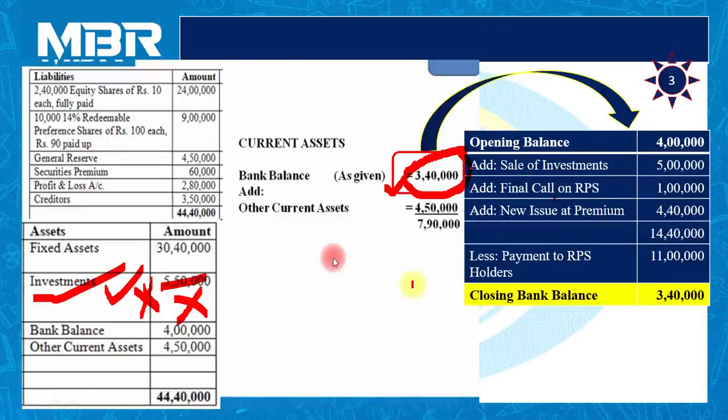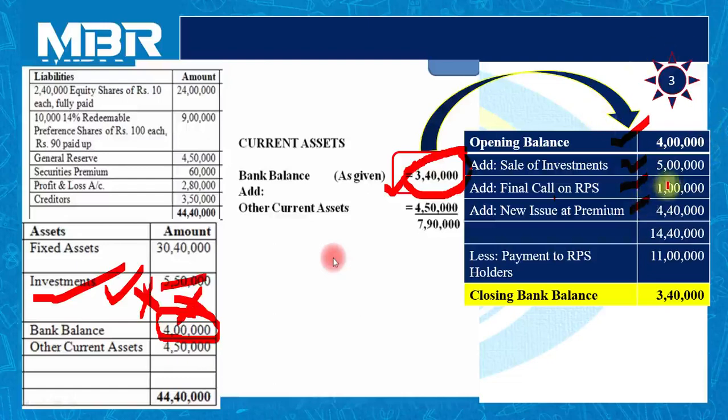Let us calculate the closing bank balance. We have an opening bank balance of rupees 4 lakhs, that is given to us on the asset side of the balance sheet. Plus we have received rupees 5 lakhs by selling our investment. Plus we have received rupees 1 lakh on the final call of RPS. Plus we have received rupees 4,40,000 while issuing new equity shares to the public.